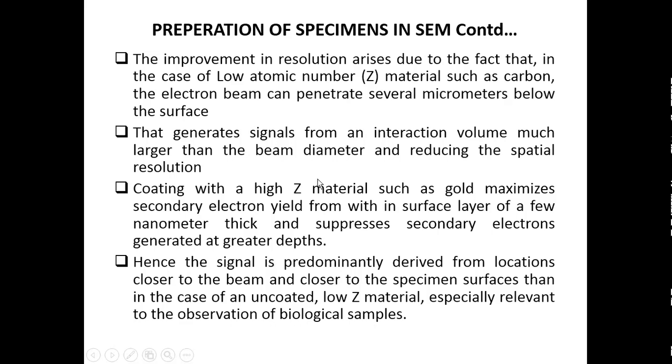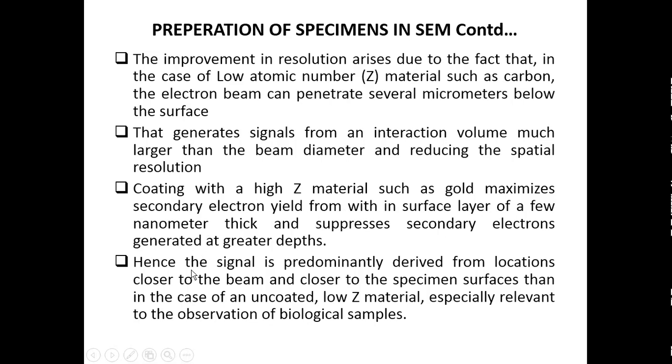So coating with gold or aluminum maximizes the secondary electron yield from the surface layer, and this coating suppresses the secondary electrons generated at greater depths.